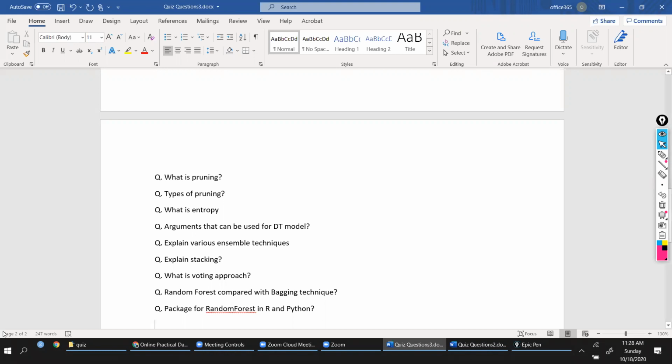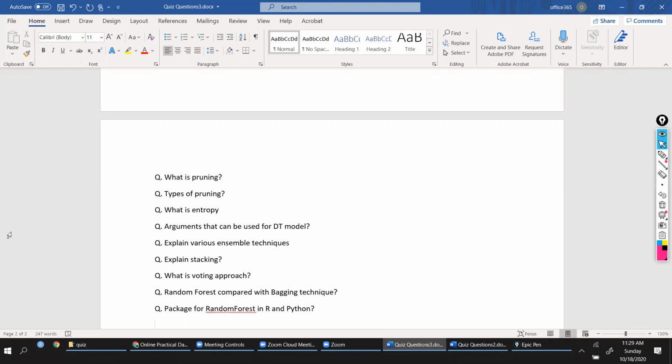Okay, fine. What is the default number of trees used in random forest? Very good, 500. In R, for example, yes, it is 500. But what is the default number of variables which are used?